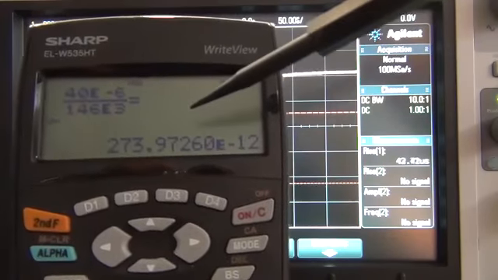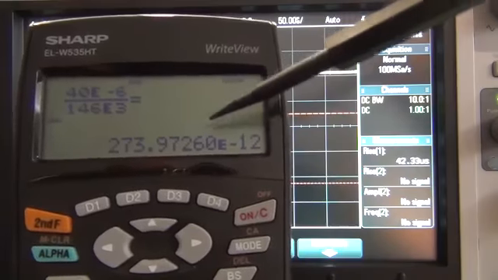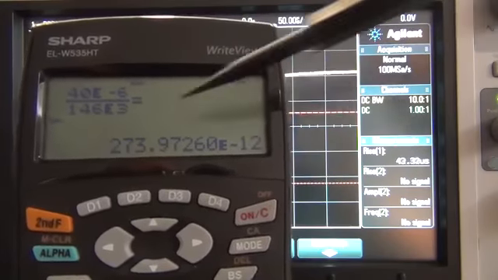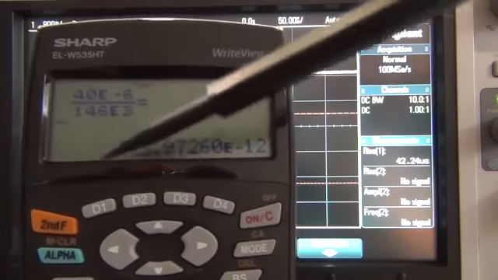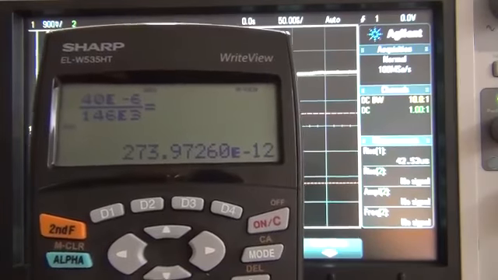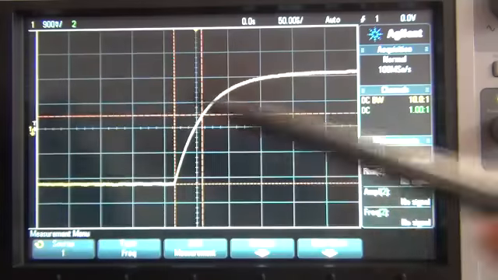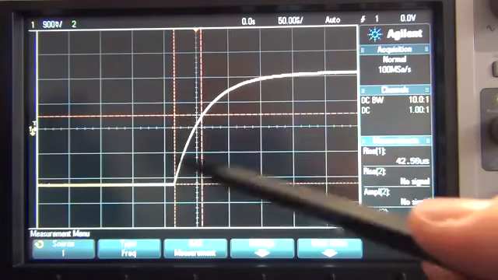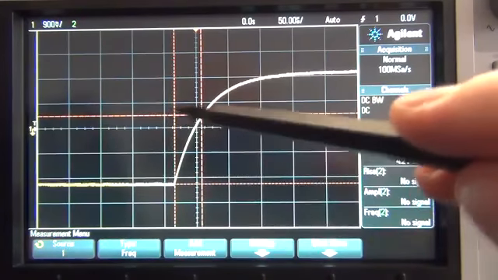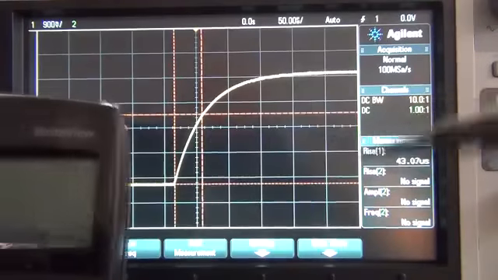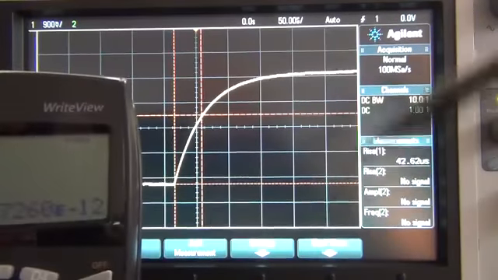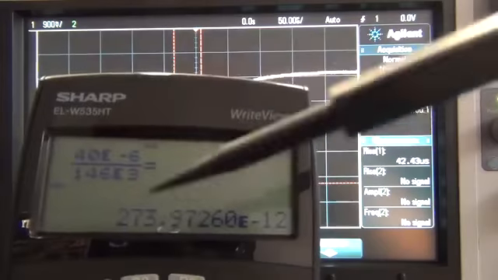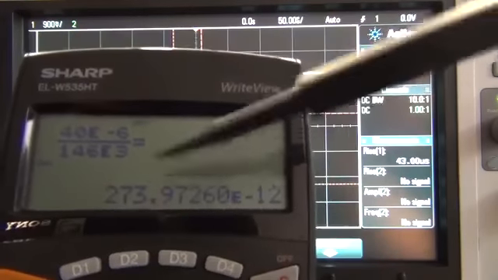So you've got milli, micro, nano, pico, 10 to the minus 12. There we go, that's how you can work out the capacitance by looking at that time at the 63.2% mark. So now let's actually measure that capacitor on a good LCR meter to see if it comes anywhere near that supposed measurement.